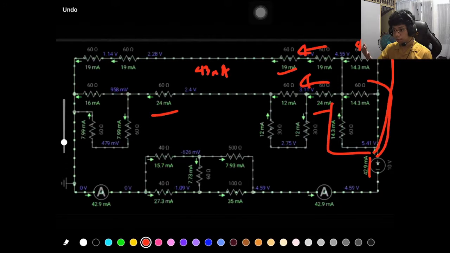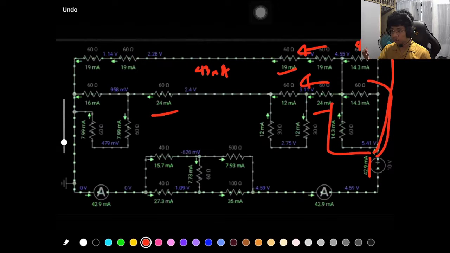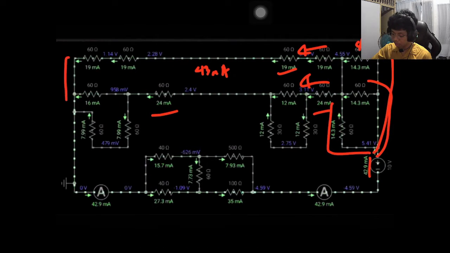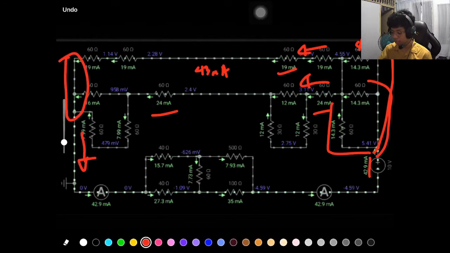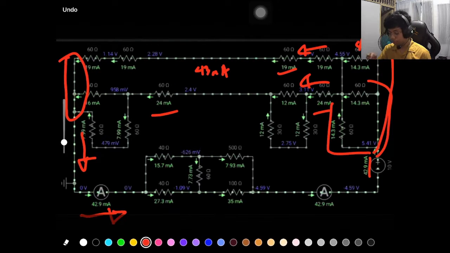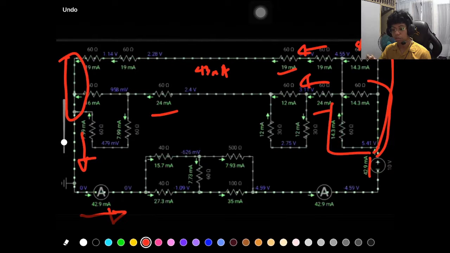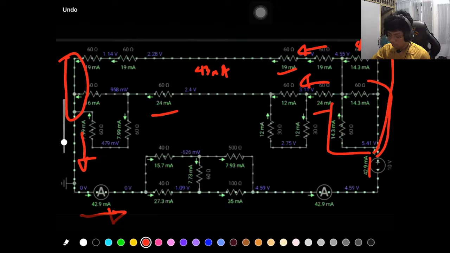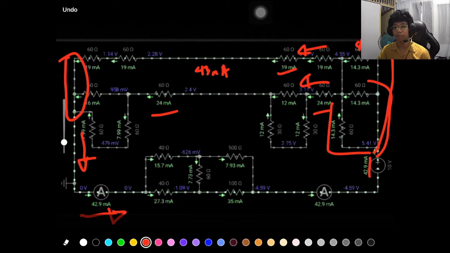As the current goes to the left, it goes down into this area, and when it reaches the ammeter, it reads 42.9 milliamperes. Meaning to say, the current that leaves here is equal to 42.9 milliamperes.